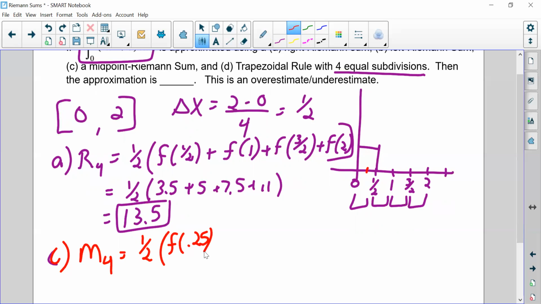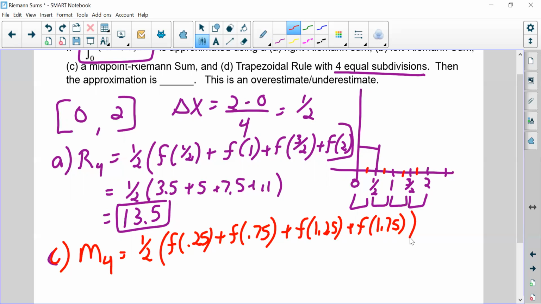Okay, what's the midpoint here between 1/2 and 1? Okay, 0.75. Midpoint here between 1 and 1.5: 1.25. And then the midpoint between 1.5 and 2: 1.75.